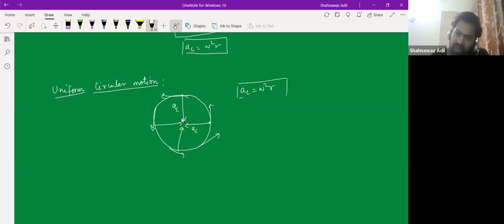And then you have the relation between the linear velocity and the angular velocity as v equals omega r, where omega is the angular velocity. This angular displacement, let's say theta, is called the angular displacement.